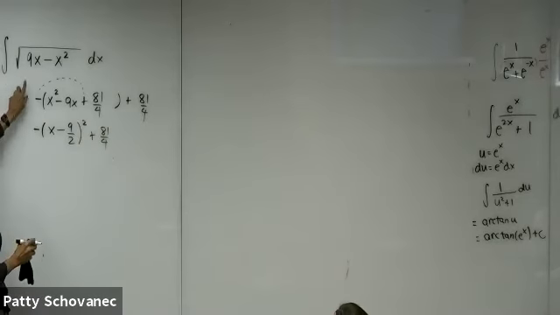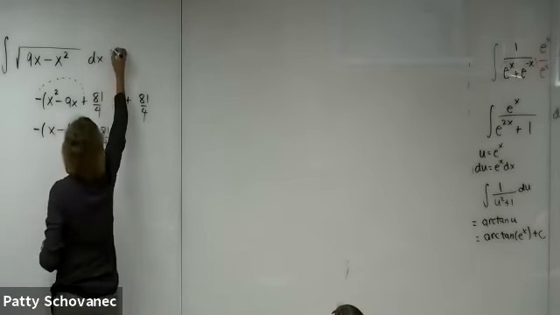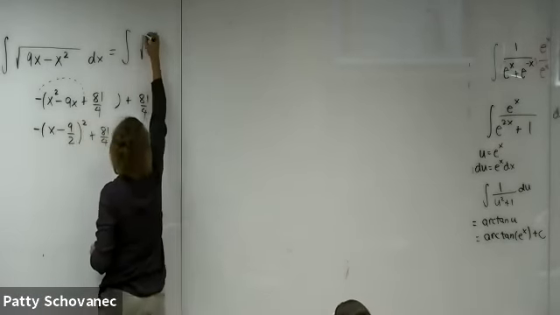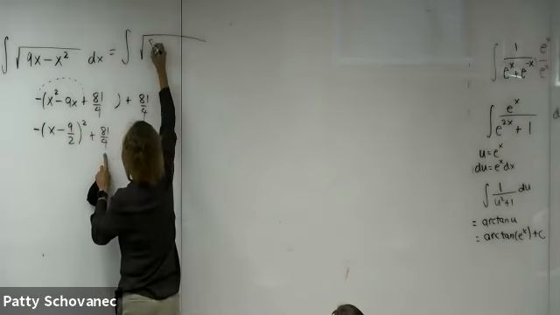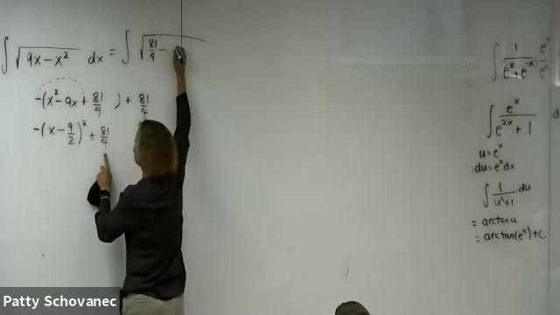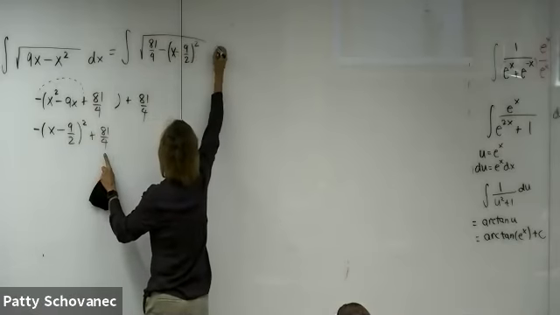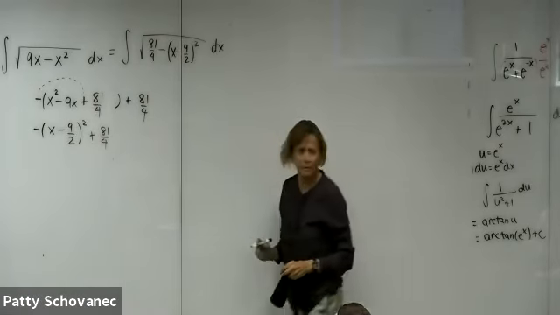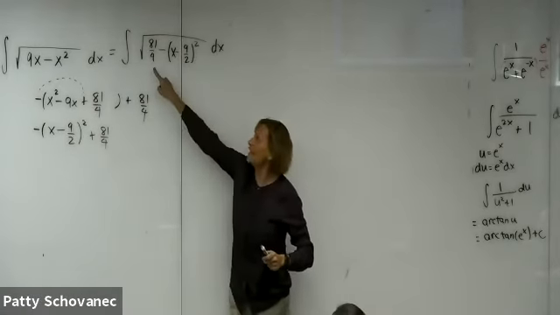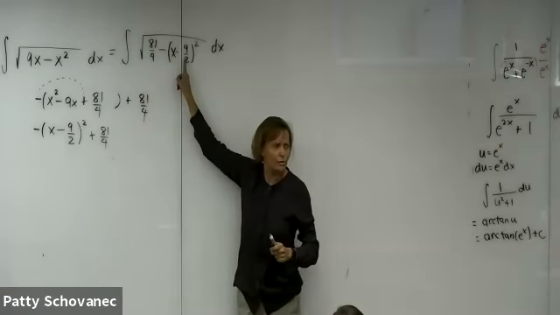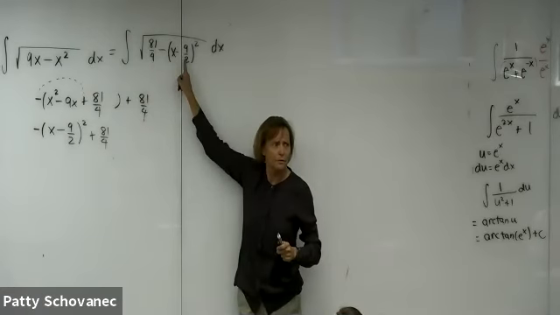But in order to make that recognizable, I'm going to rewrite it under the radical sign as 81 over 4 minus x minus 9 halves squared, so that it looks like an a squared minus u squared integral. And now you've got to do a trig sub.